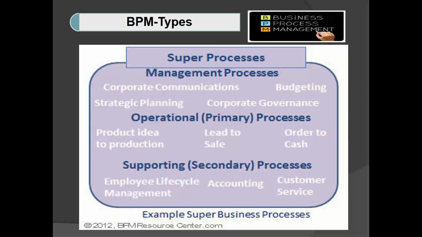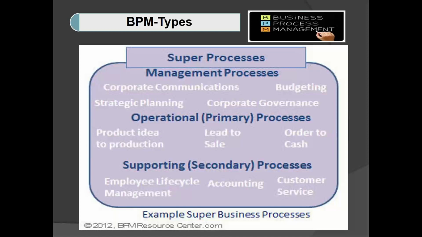That means the entire project we are going to divide into different processes. For example, in an IT project, we are going to have a development team, a testing team, and a designing team.